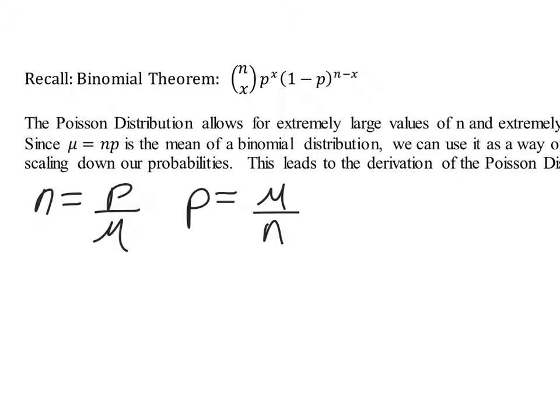So with some substitutions, I could say nCx, a combination of n things taken x at a time. Instead of p to the x power, I'm going to say mu over n to the x power.